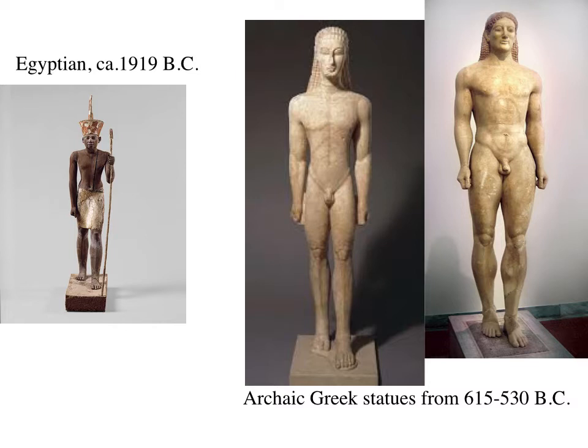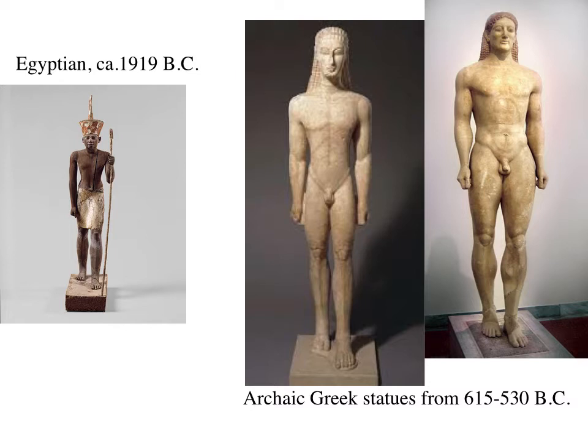However, we can see some transformation in that there's very little realistic musculature or detail in the Egyptian statue, and the archaic statues are placed there in chronological order. So the middle figure is still more stylized, but finally when we get to the figure on the right, there's much more realistic detail.